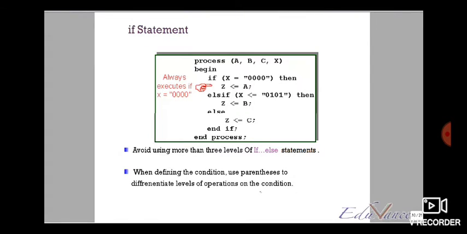Let's take an example. This is your sensitivity list. If X is all zeros, then Z gets A. Else if X is 0, 1, 0, 1, then Z gets B. Else Z gets C. So as long as X is all zeros, this will execute and this will not be looked at.